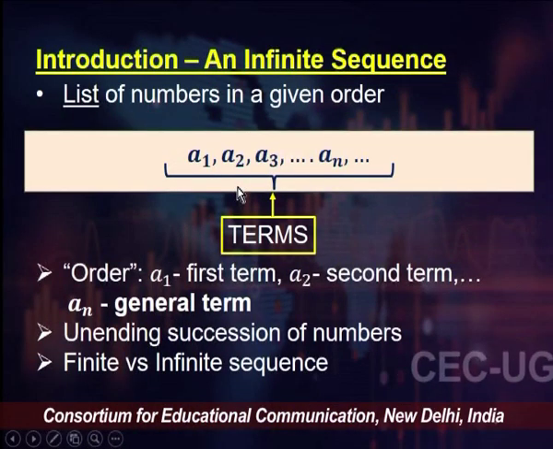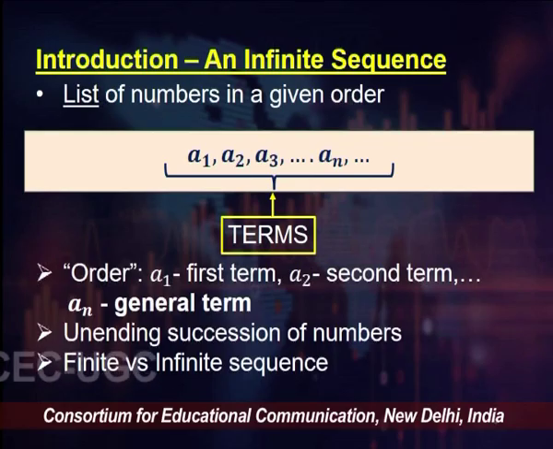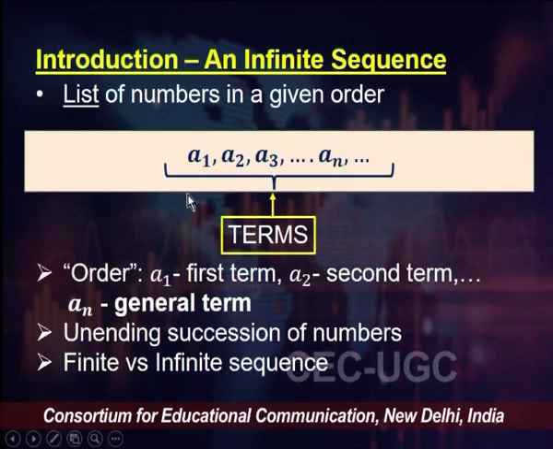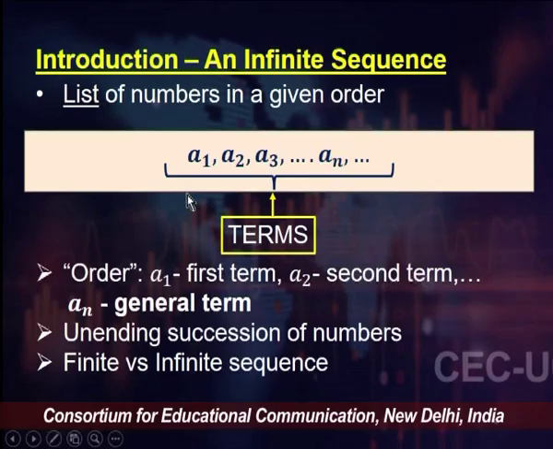So, we will be focusing only on infinite sequences. Our infinite sequence takes the format A1, A2, A3, A4 and so on, where this continues indefinitely. And here A1 represents the first term, A2 the second term, A3 the third term and so on.